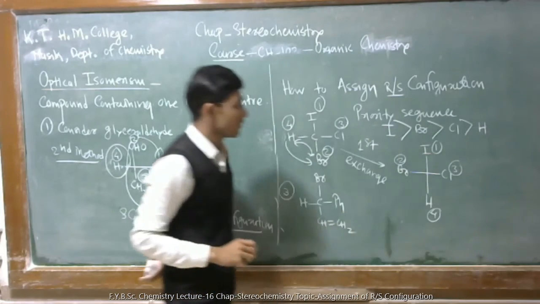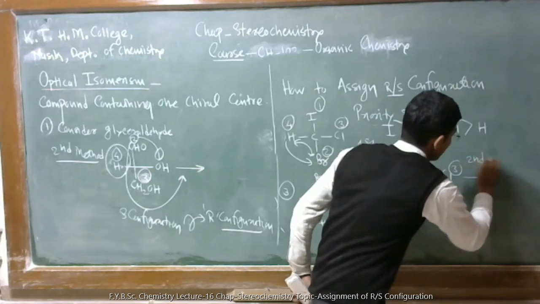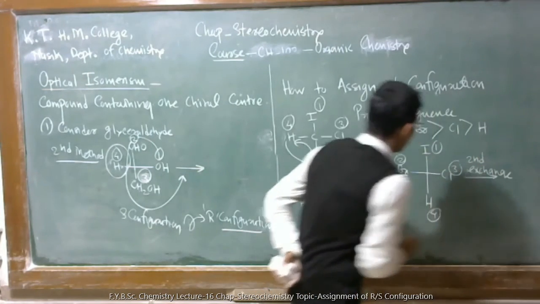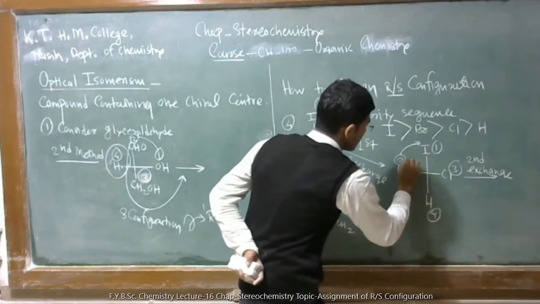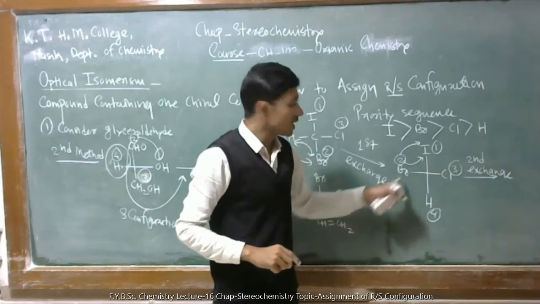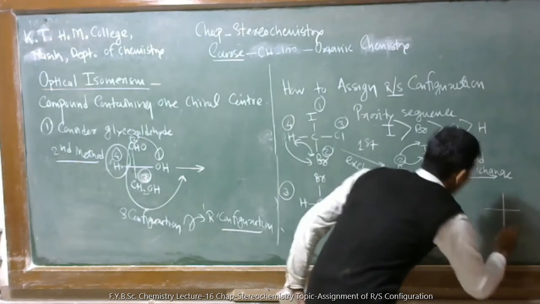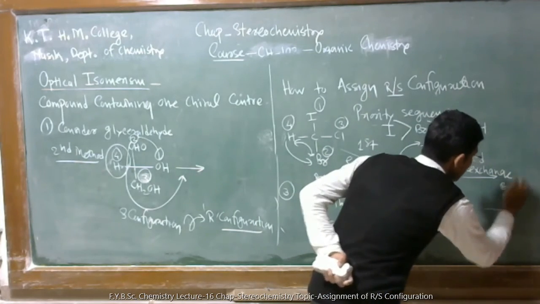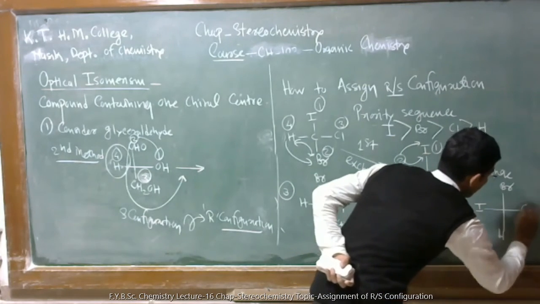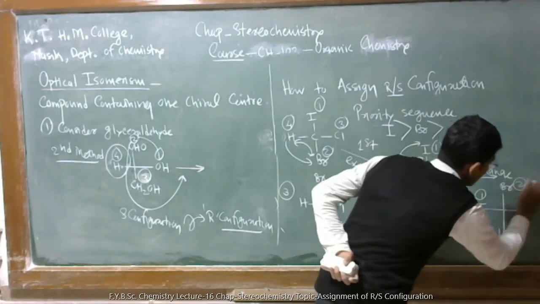In the second exchange, you have to bring the second priority group to the top. Because the second priority group is on the horizontal line, you perform the second exchange, exchanging these two groups again. Bromine comes at this position, iodine at this position, then hydrogen, and then chlorine. So these are the fourth, the first, the second, and the third.